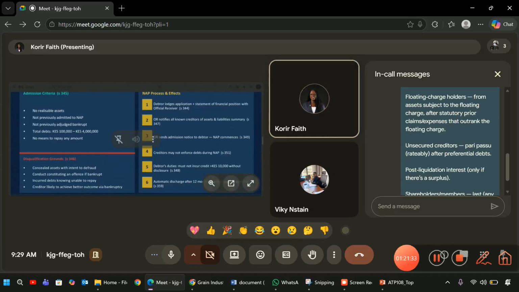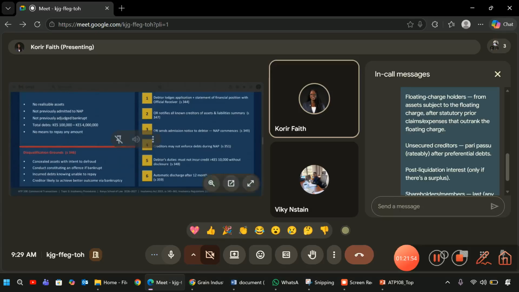So you see the official receiver now sends the admission notice to the debtor. Now the no asset procedure commences. The official receiver also notifies all creditors of the assets summary. And then the creditors may not enforce the debts during the non-asset procedure.